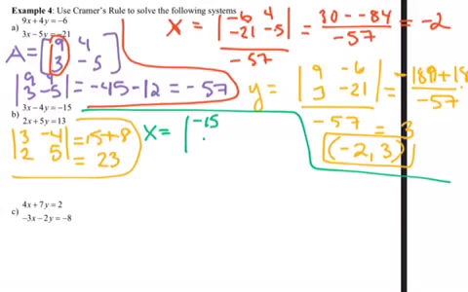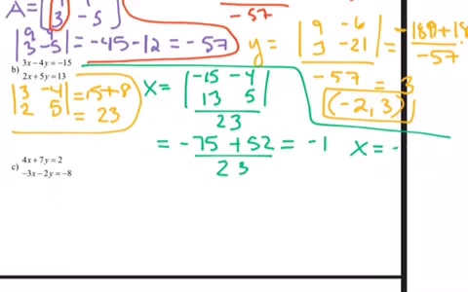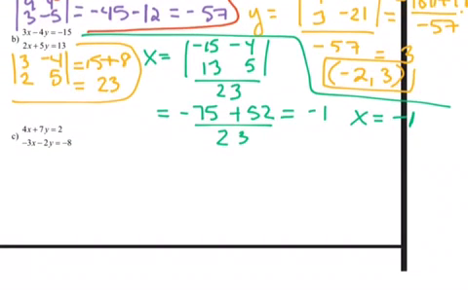So that's going to be negative 15 and 13, and then negative 4 and 5, and I'm going to divide that answer by 23. Alright, so I've got negative 15 times 5, which is negative 75. Negative 4 times 13 is negative 52, so it's going to be minus a negative 52, or plus 52. Negative 75 plus 52 is negative 23. Divided by 23 is negative 1. So my x variable is negative 1.